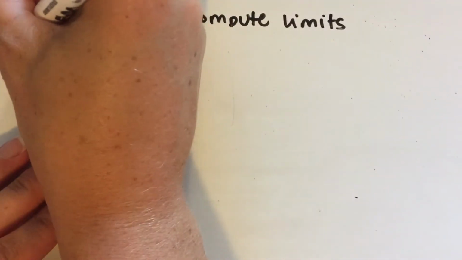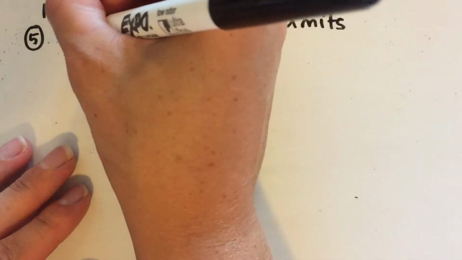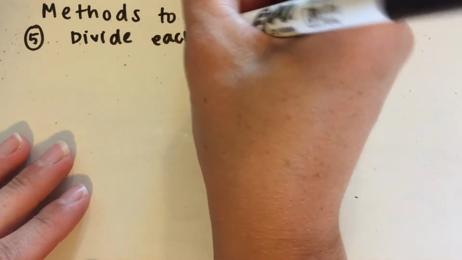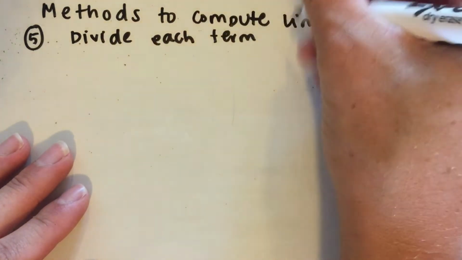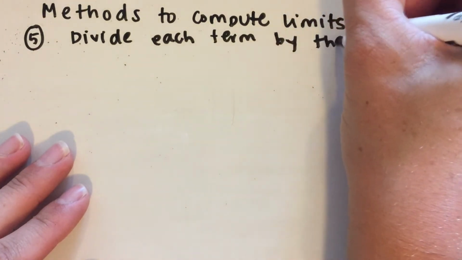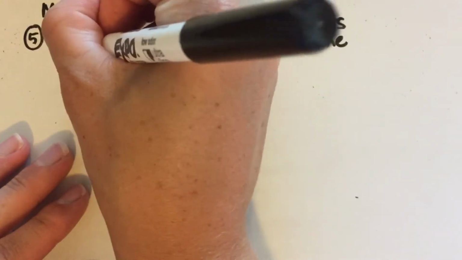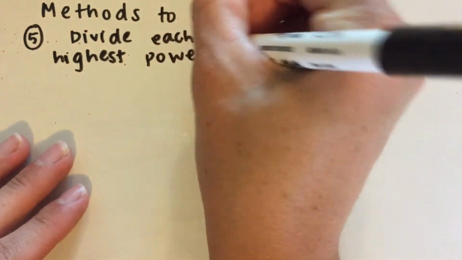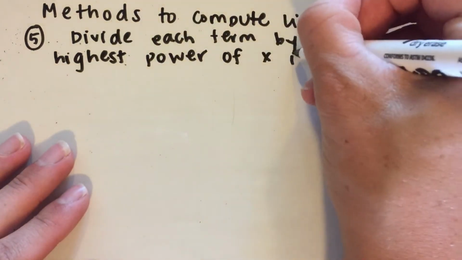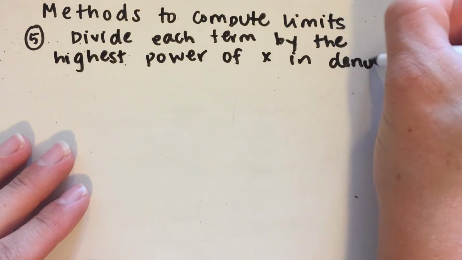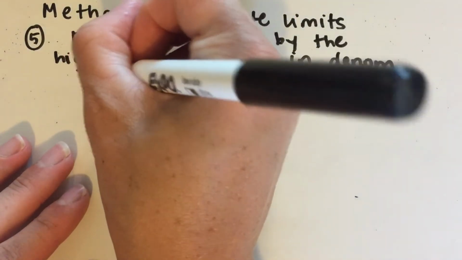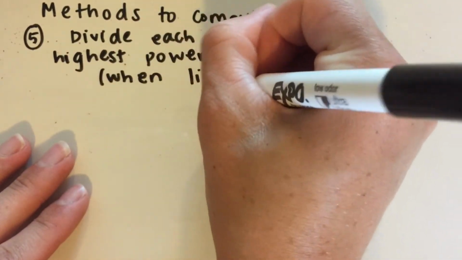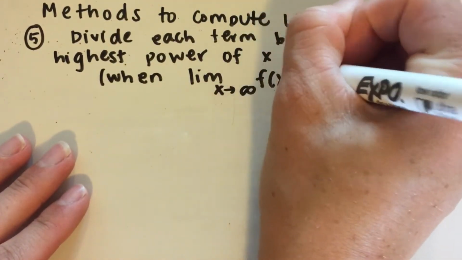And another method I will be talking about is divide each term by the highest power of x in the denominator. And we're going to do this when you're taking the limit as x goes to infinity of f of x.